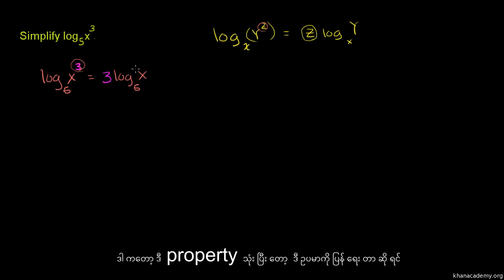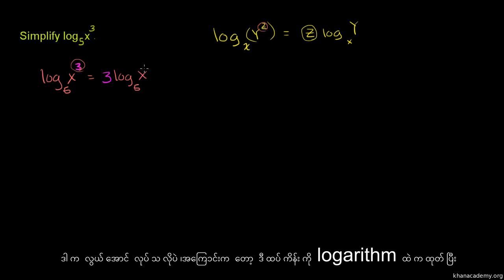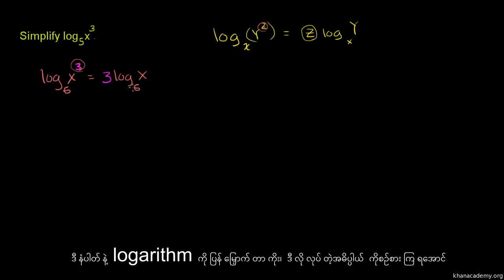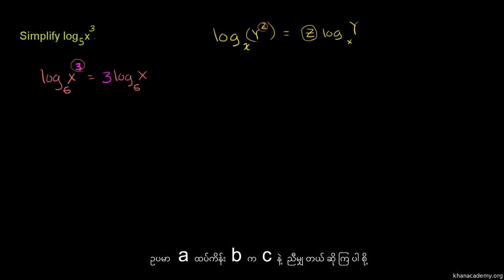And so you could argue that maybe this is a simplification because you took the exponent outside of the logarithm and you're multiplying the logarithm by that number now. Now, with that out of the way, let's think about why that actually makes sense. So let's say that we know that, and I'll just pick some arbitrary letters here, that a to the b power is equal to c.